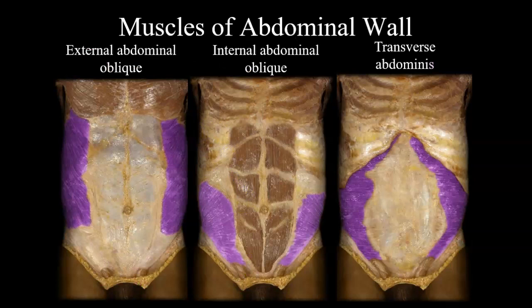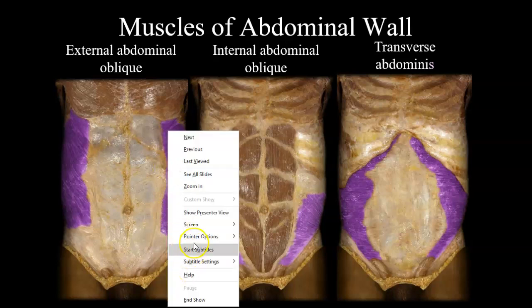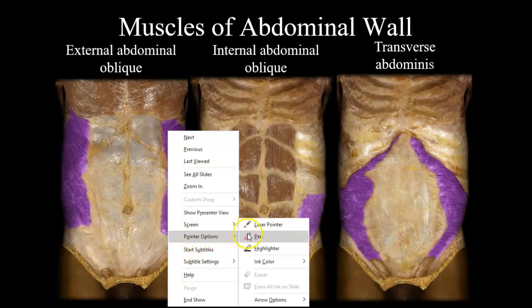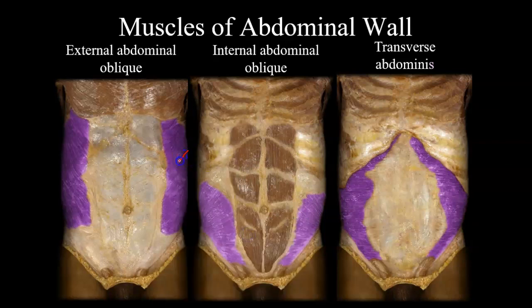So the muscles of the abdominal wall, right, we can see on the left, as you're looking at this, what's called the external abdominal oblique. And again, if we look at the grain of the muscle, it comes through like this.